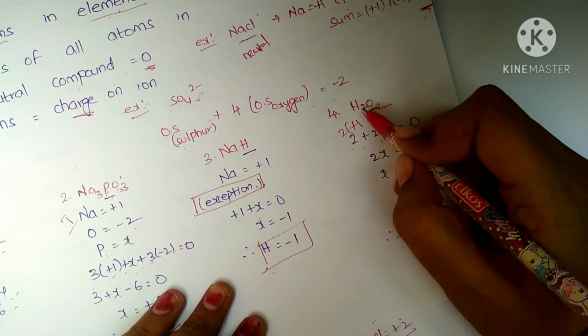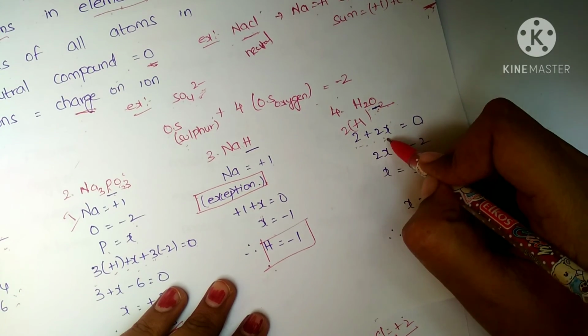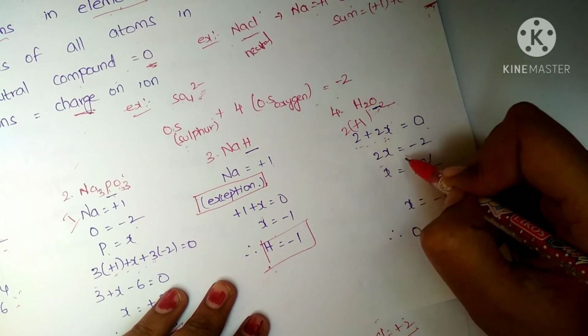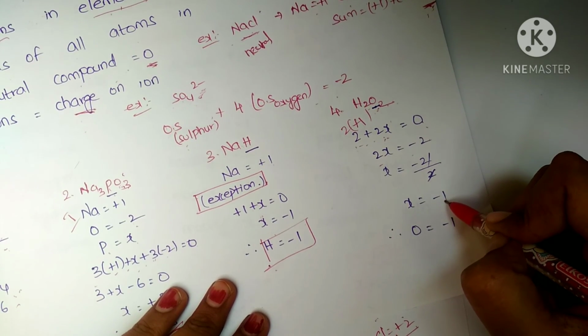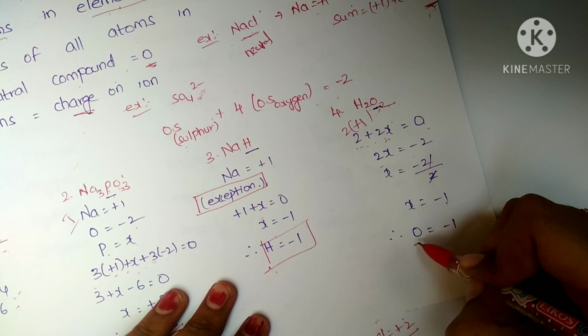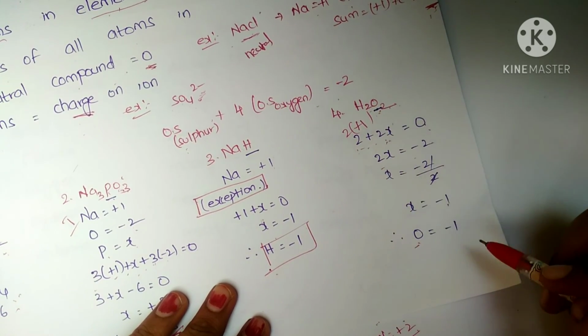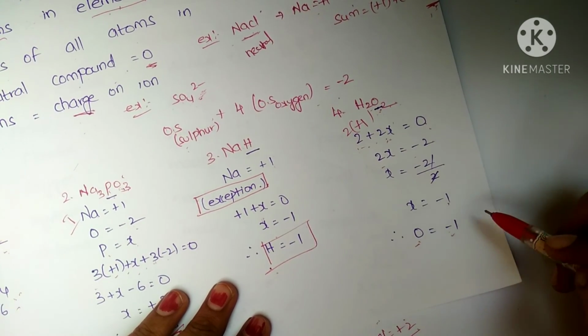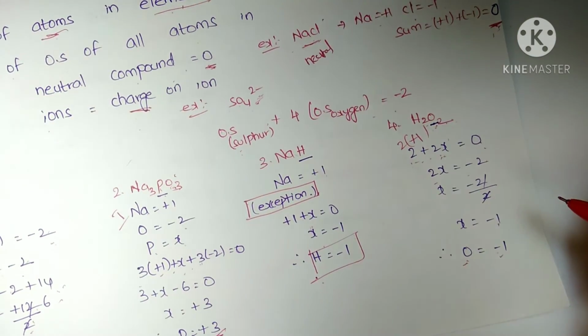As it is a neutral compound, it has to equal 0. 2 plus 2X equals 0, 2X equals -2, and X equals -1. So that is the reason oxygen, whenever it is in the combination of peroxide, like hydrogen peroxide, has an oxidation state of -1. Like this we can calculate the oxidation state for most of the elements.